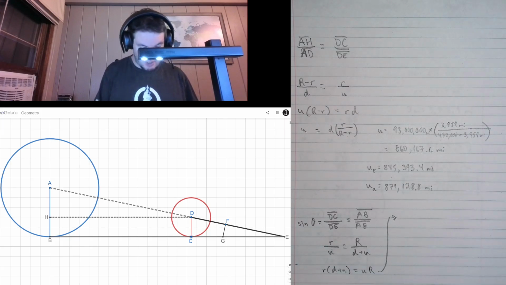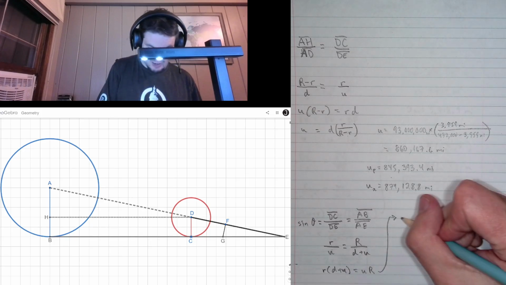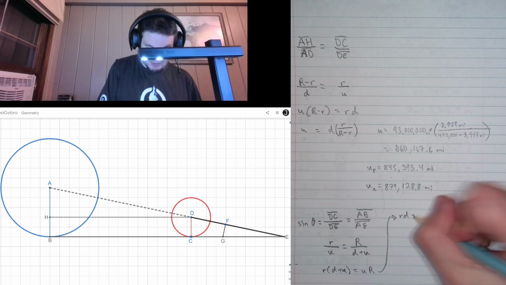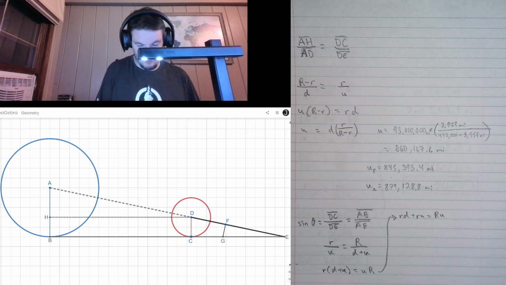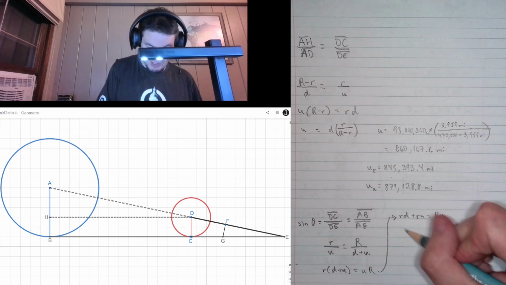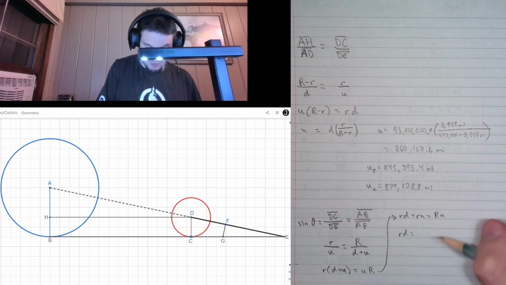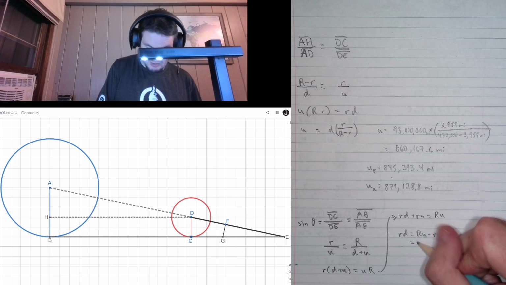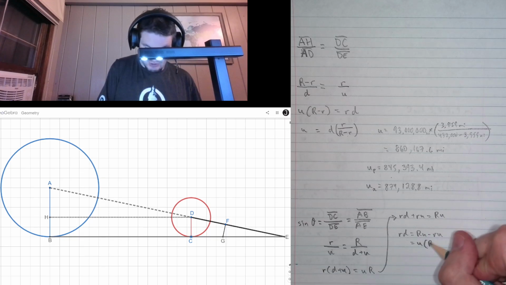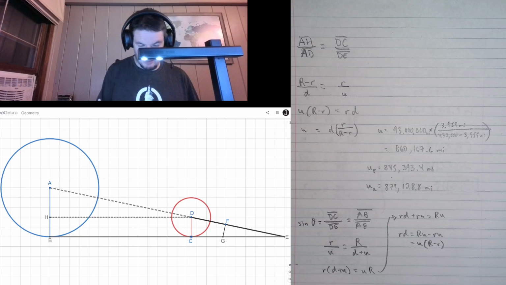So let's see, we're trying to solve for U, so we need to do some expansion here. We have little rD plus little rU equals big RU. We're going to move the U terms to one side, and we get rD equals big RU minus little rU. And we can factor out the U. We get big R minus little r.